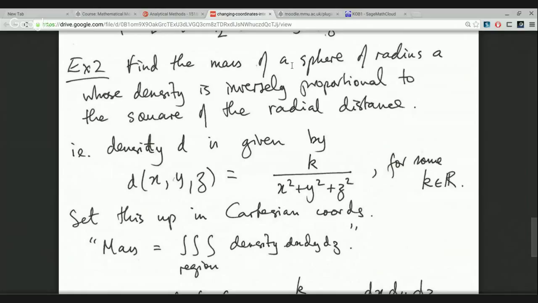And so if the sphere is out to radius a, we'd like to be able to express the mass of the sphere. So it's going to come out as some kind of function of k, since k is some parameter measuring the proportionality. And we expect the answer to depend on a as well.